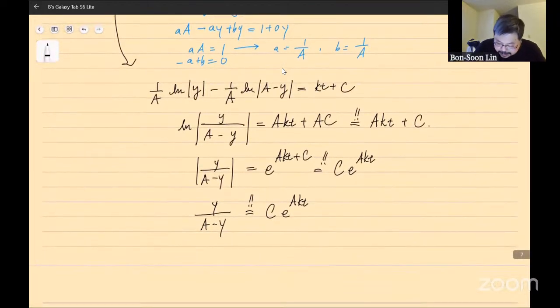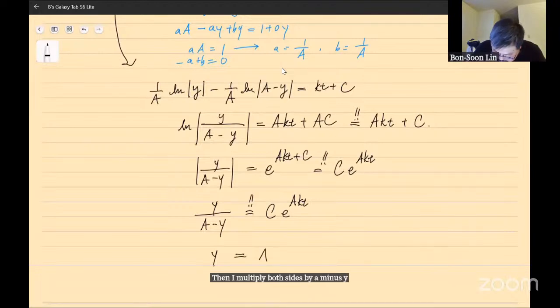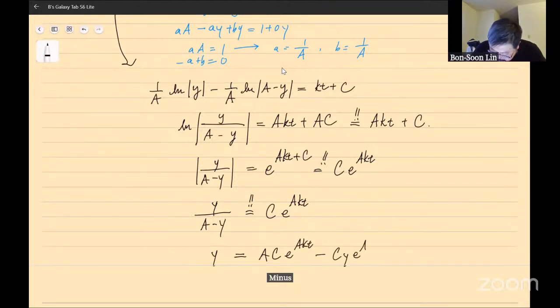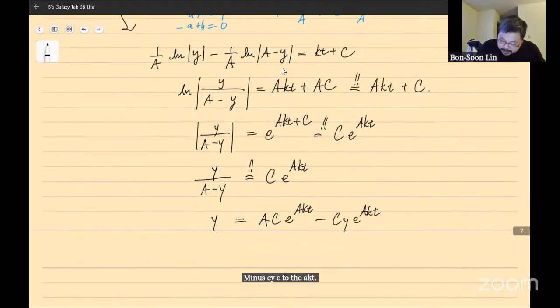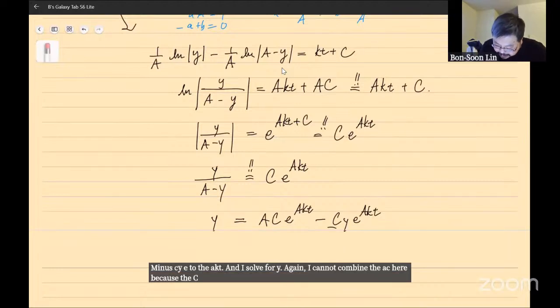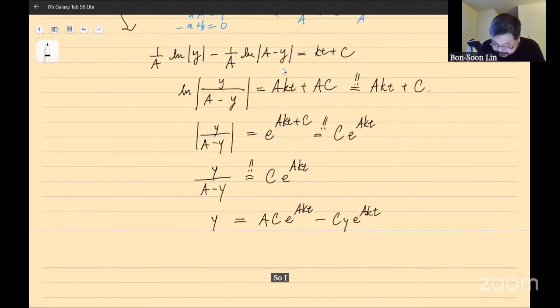Then I multiply both sides by A minus Y. So I have AC e to the AKT minus CY e to the AKT. And I solve for Y. Again, I cannot combine the AC here because the C are now tied together, so I shouldn't do anything fancy with the C here.